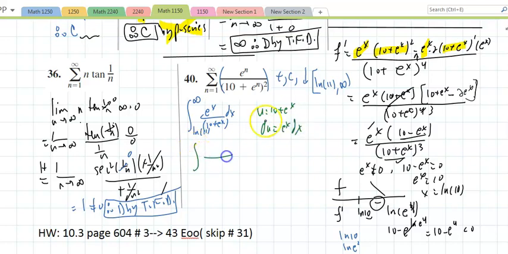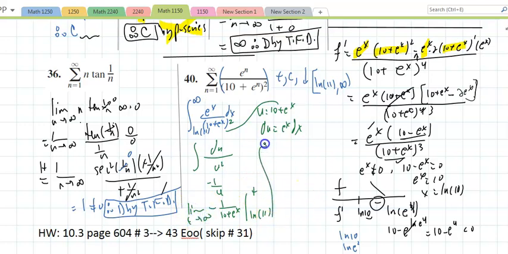That becomes the integral of 1 over u squared du. Isn't that 1 over u? Right? Negative 1 over u. So I'm getting negative 1 over 10 plus e to the x evaluated from this number, whatever that is, to t, taking the limit as t approaches infinity.